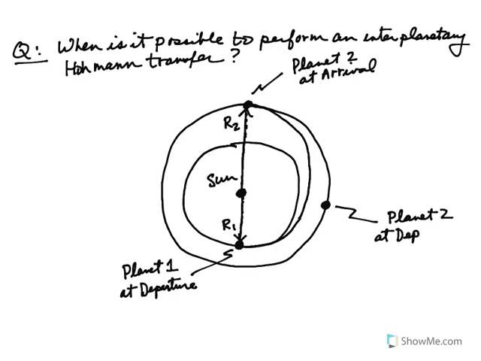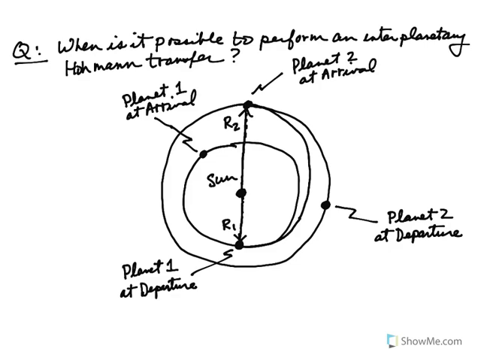So that's where planet 2 was when the transfer started. And then this last point over here, that is planet 1 at arrival. In other words, when the spacecraft arrives at planet 2, then that's where planet 1 is when that arrival happens.